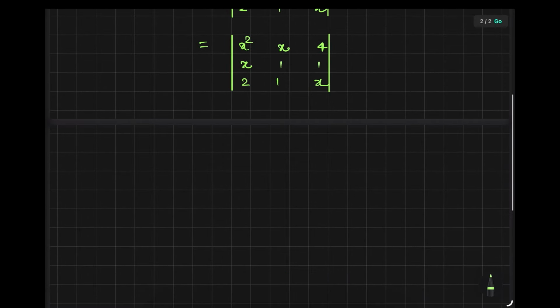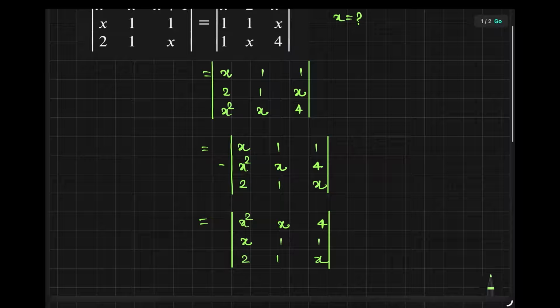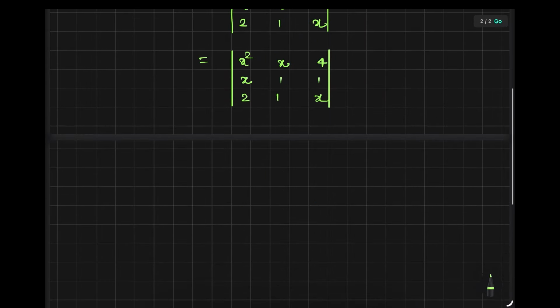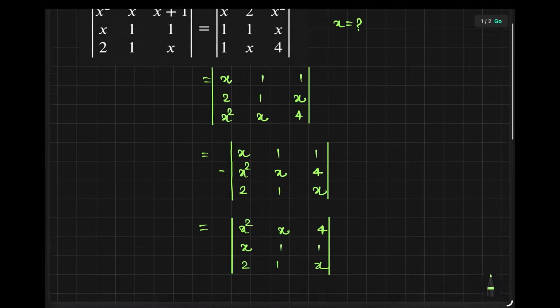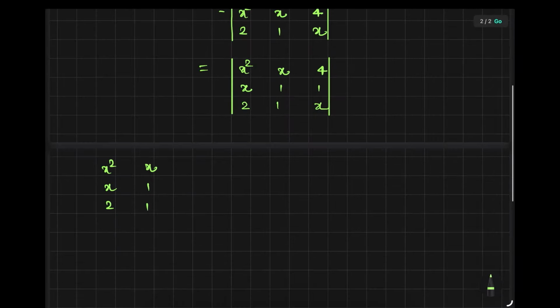Okay. So I'll copy paste the question. x square, x. So two columns are equal. x square, x, 2, x, 1, 1, and we have x plus 1, x plus 1, 1, x. So we got this thing, and we will take this determinant this side, so it is minus.